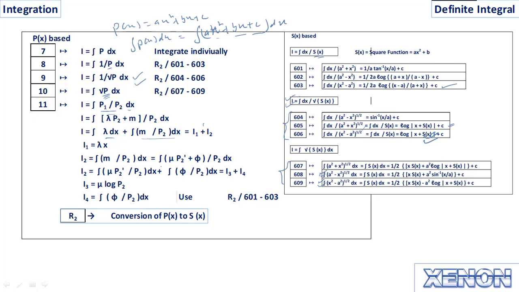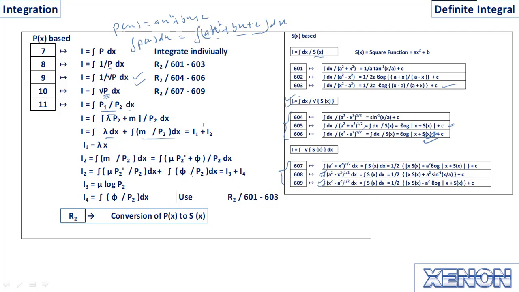So we will again express m as mu P2 dash plus phi. Here mu and phi will be constants and P2 dash will be the differentiation of P2, right? So again we will be getting integration of mu P2 dash upon P2 dx plus integration of phi upon P2 dx.